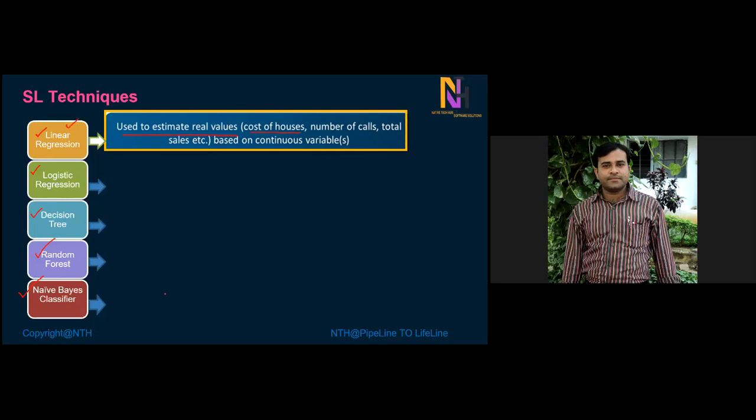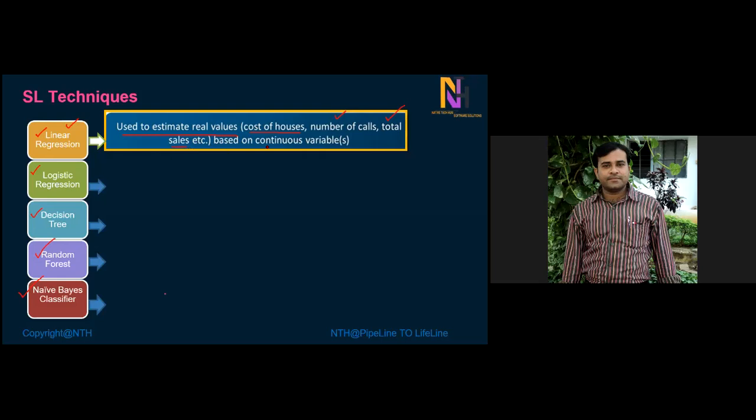And number of calls: if a user speaks 5 hours per day on the phone, how many hours he is likely to call tomorrow can be predicted. Total sales in e-commerce applications: based on historical data, we can predict how many users tomorrow are going to purchase a certain product from a particular e-commerce application.